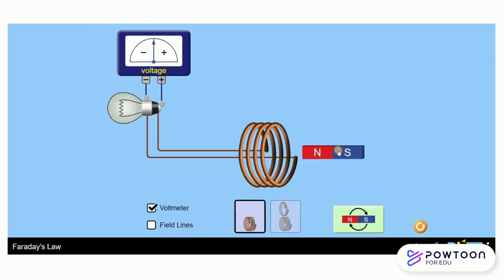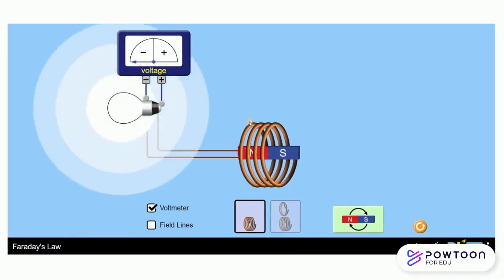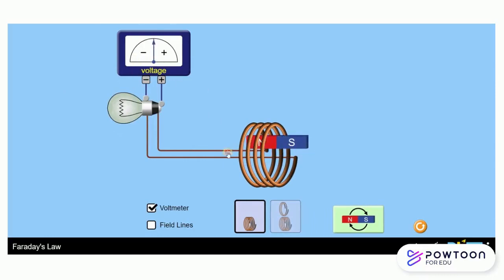And you will notice that if the magnet moves slowly to the copper coil, I don't get a lot of voltage. Whereas if I go fast, I will get a much bigger voltage through the deflection of the voltmeter here.